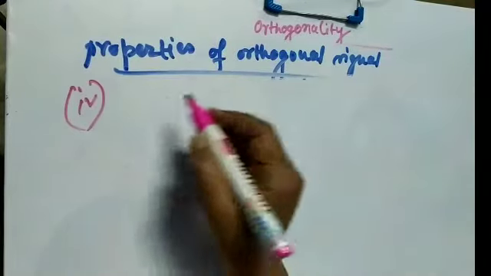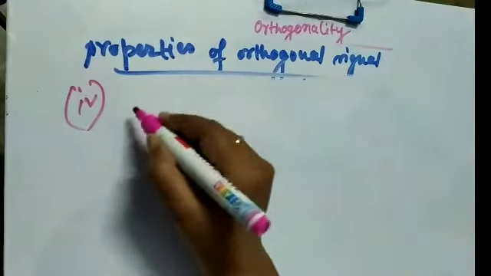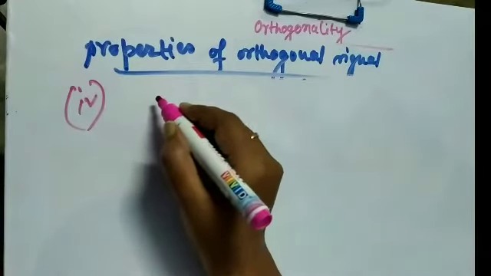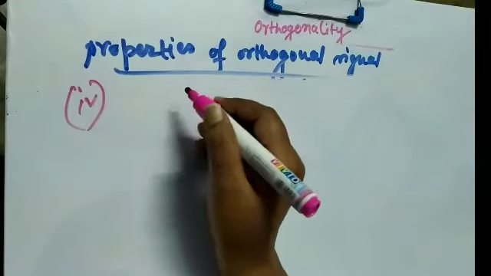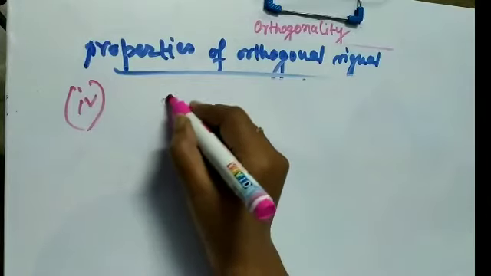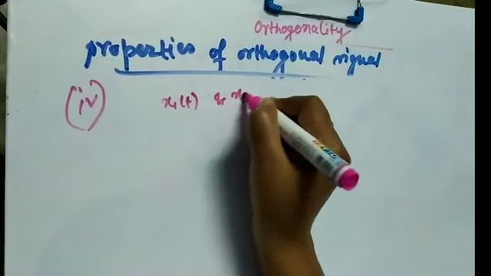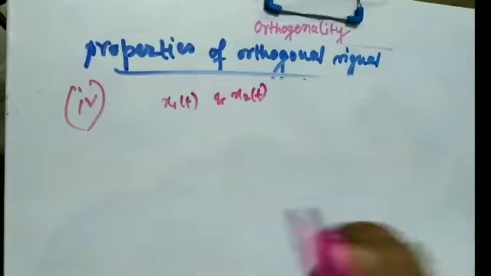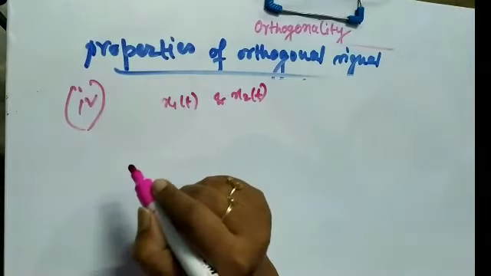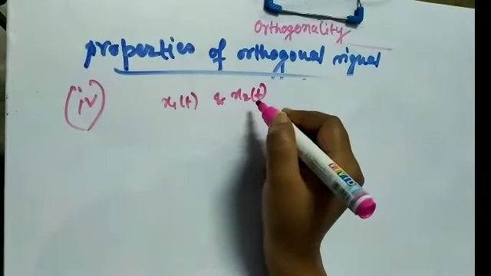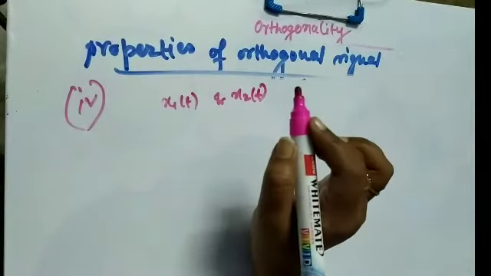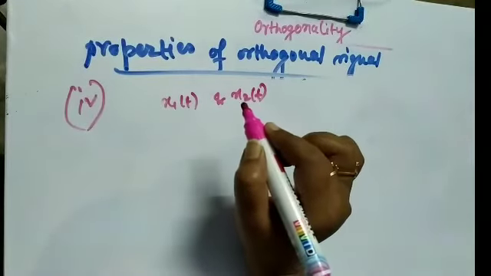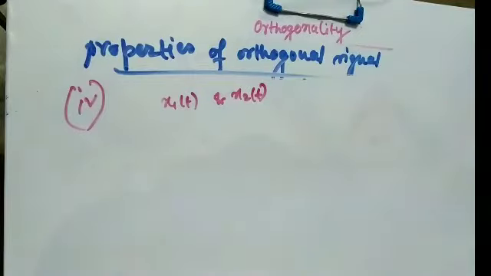Again, I am representing this with a mathematical integration. Here are two signals x1(t) and x2(t), and these two signals are supposed to be orthogonal. Therefore, if we integrate them over their fundamental time period, the value will be 0, as I already discussed.